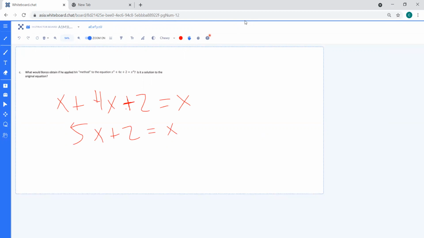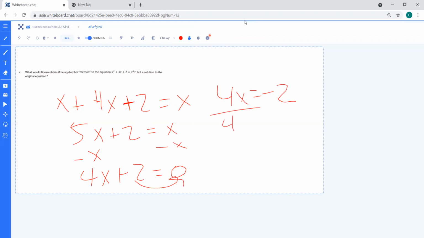I'm going to subtract x, that's 4x plus 2 equals 0. Move the 2 to the other side, that's 4x is equal to negative 2. Divide by 4, x equals negative 1/2. And no, that is not an answer to the original question.